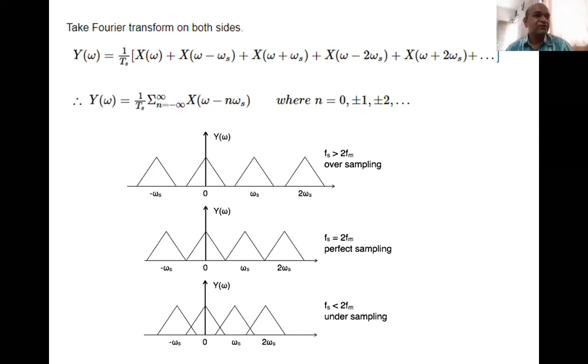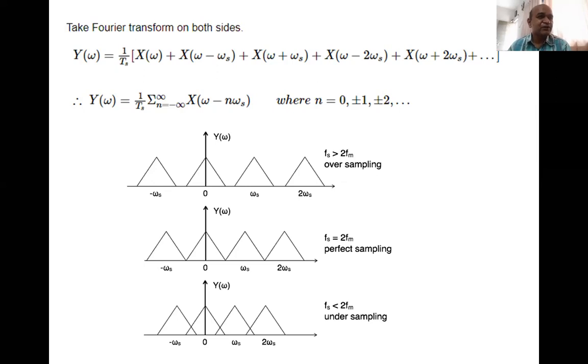Now here you can find a total of 3 graphs shown. The first graph shows fs greater than twice fm. Here it is oversampling, and this is the condition of our sampling to obtain the discrete time signal.